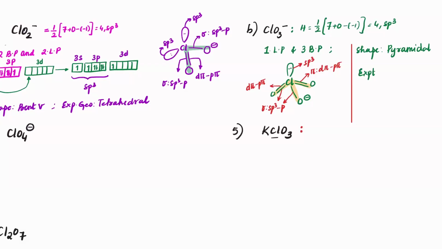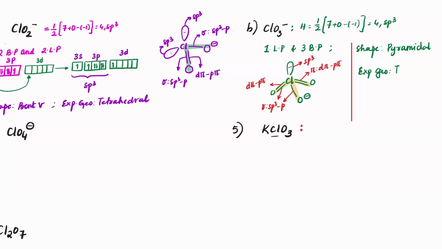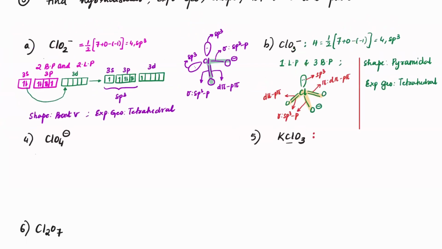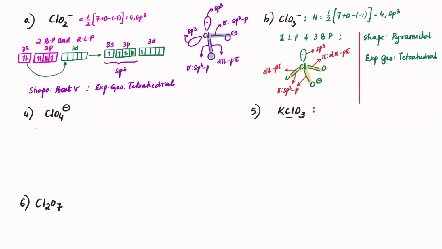Expected geometry is tetrahedral. Okay. So check out ClO4 minus. Quick. ClO4 minus.